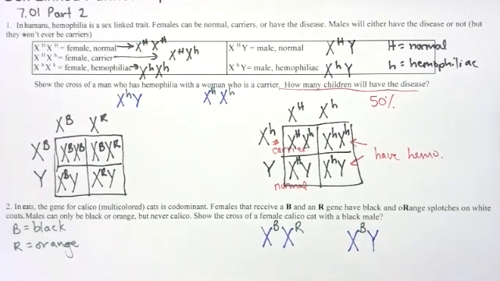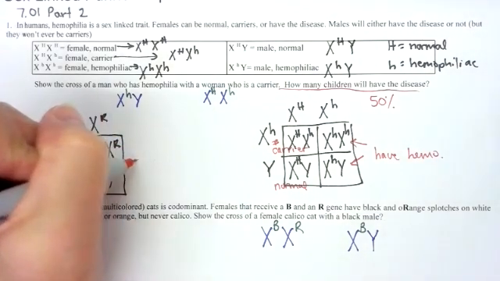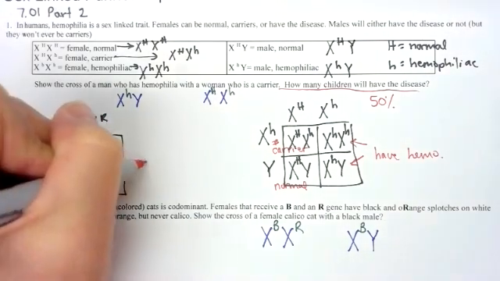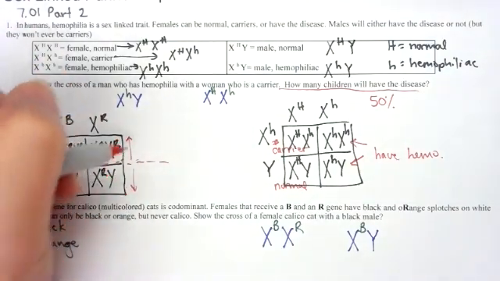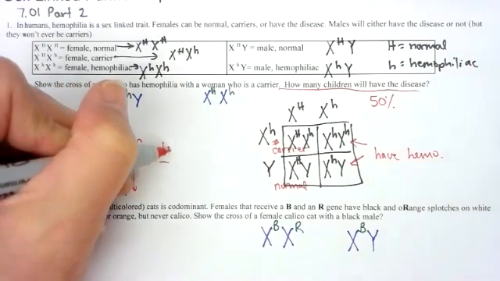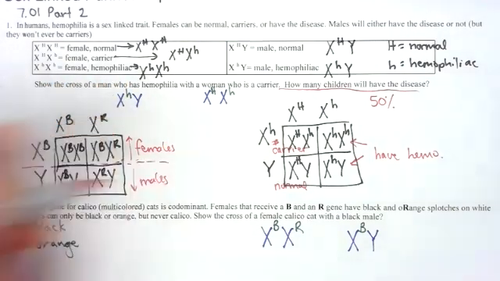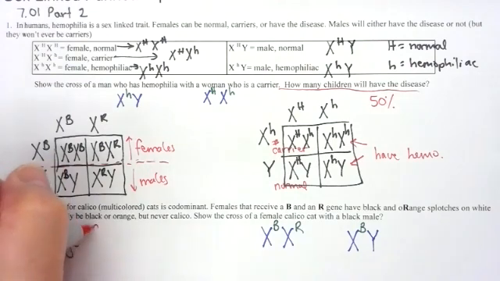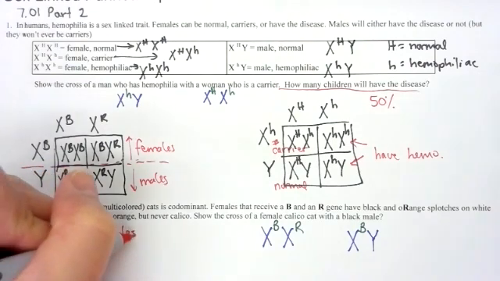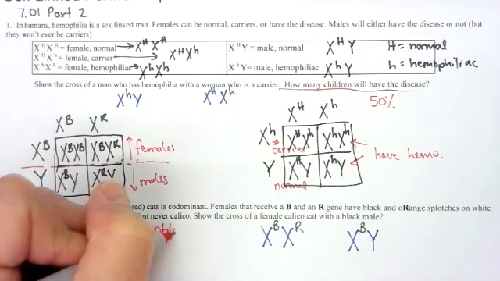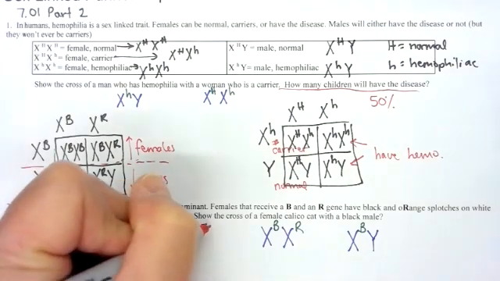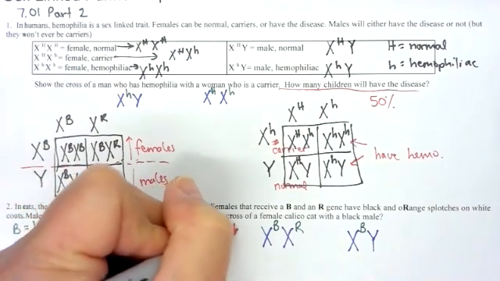Let's say the question says, what are the possibilities for males and females? So if we look at our females, remember females are these two boxes, and our males are here. Our females should end up being 50% black, 50% calico.